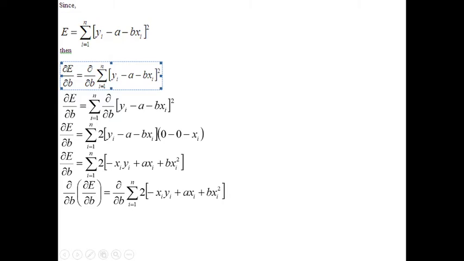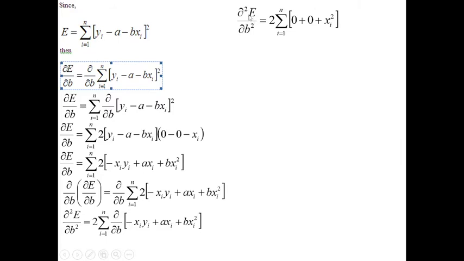Second derivative na tayo para masigurado natin that E is minimized. So, del squared E over del B squared equals summation del of negative xi yi plus axi plus bxi squared over del b.